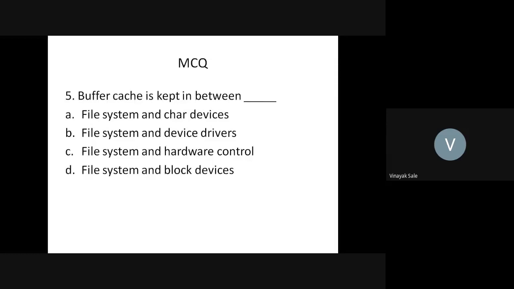So the buffer cache is kept in between the file system and block devices.